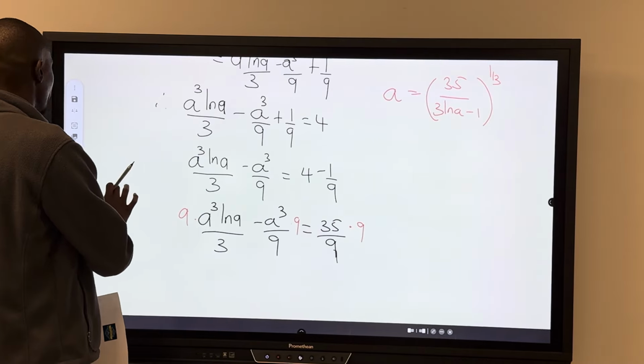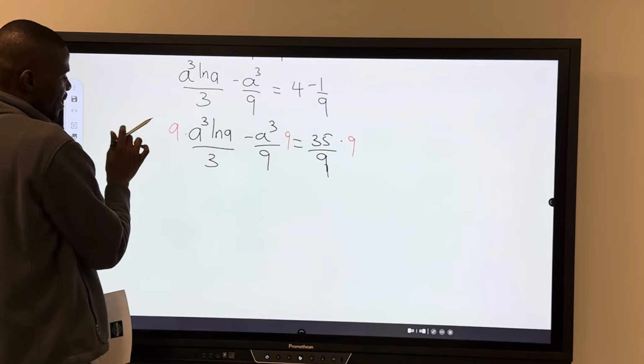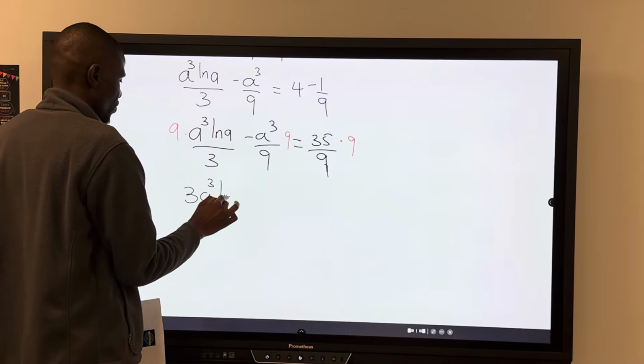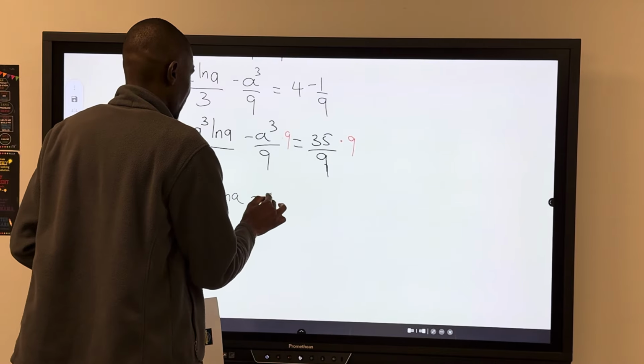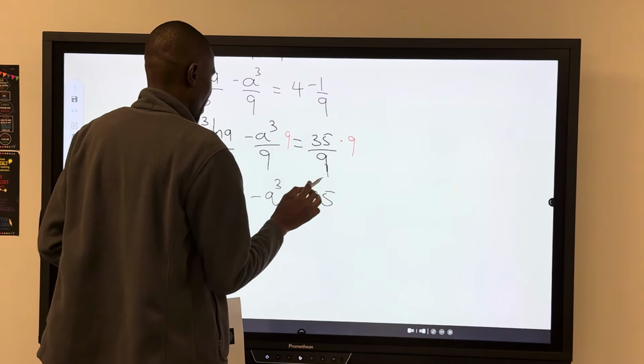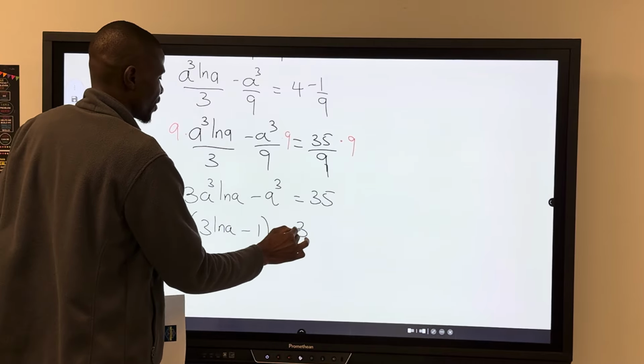Such that we remain with 3a cubed natural log of a minus a cubed equal to 35, right? So now we can take out a cubed and remain 3 natural log of a minus 1 equal to 35.